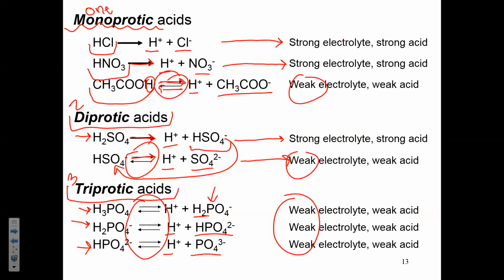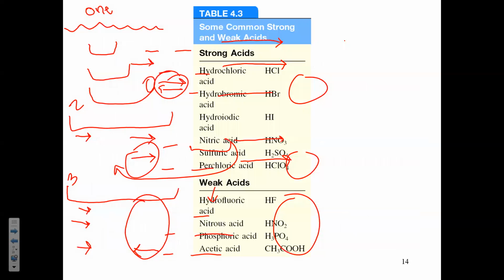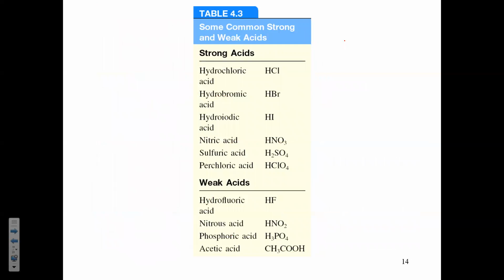So all of our weak electrolytes have double arrows. All of our strong electrolytes, they dissociate and they're done. They don't want to possibly change their mind and reconstruct that compound. Again, this is the table in your book that has strong and weak acids on it. You might want to know them because I might ask you about some of the dissociations between these acids.